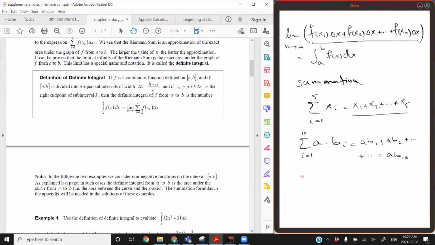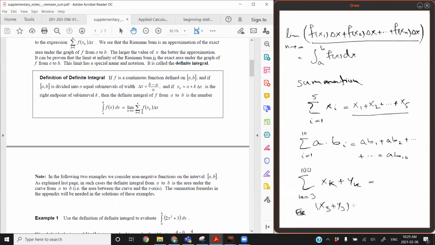Another example. Let's say you have sigma of xk plus yk, I can use k or i for the index, k from, let's say, 3 to 100. What do I mean by that? It begins at 3, ends at 100. So it's going to be x3 plus y3.